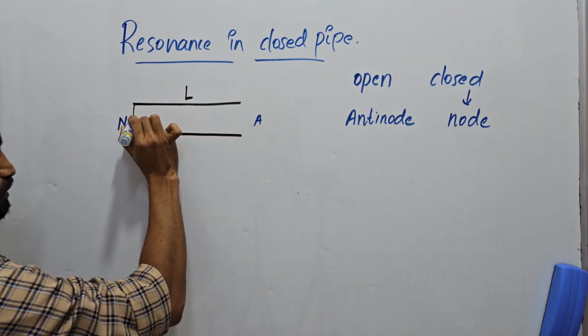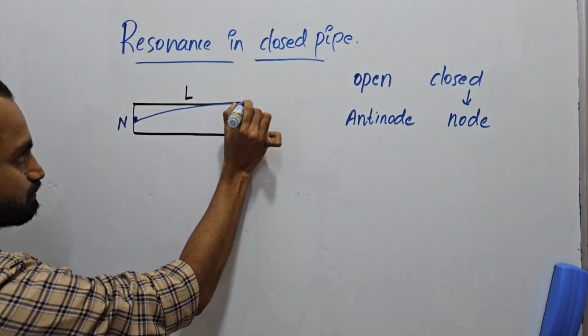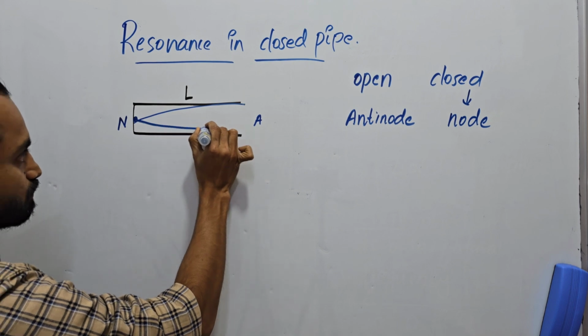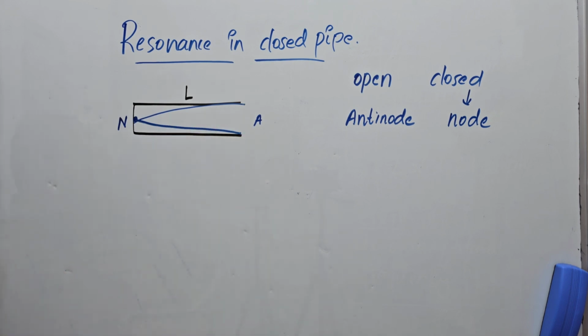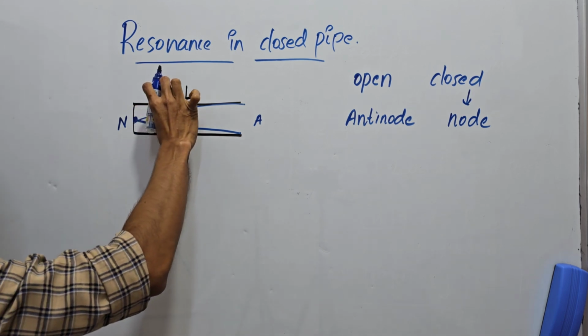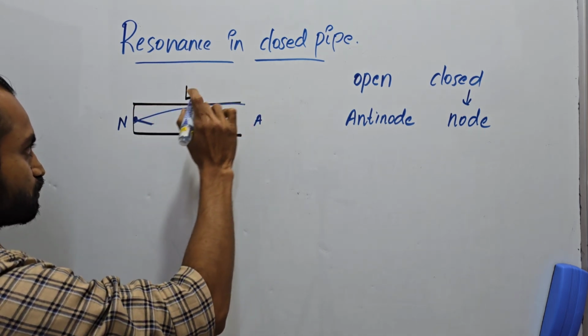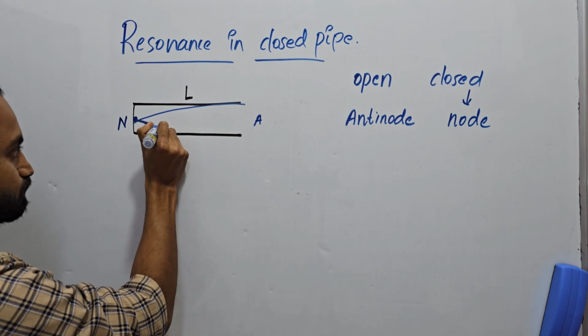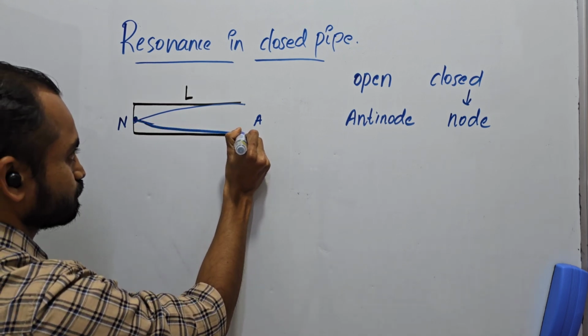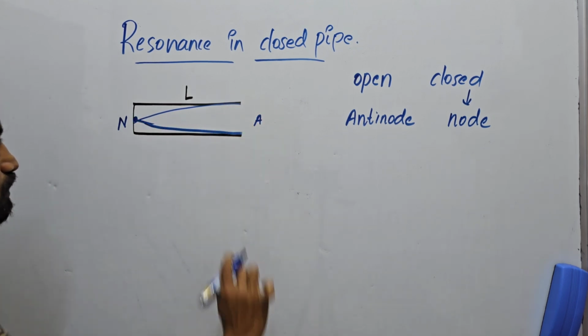So the first possible wave is like this. Open end is antinode, closed end is node. Okay.